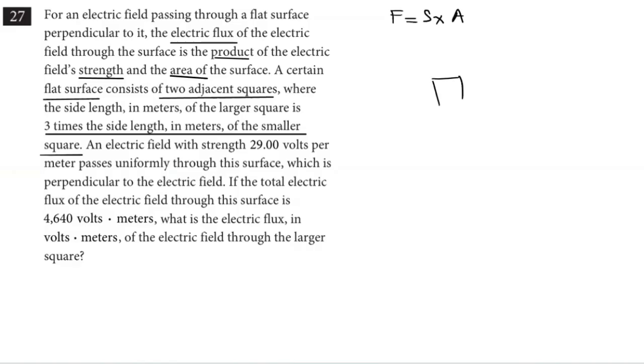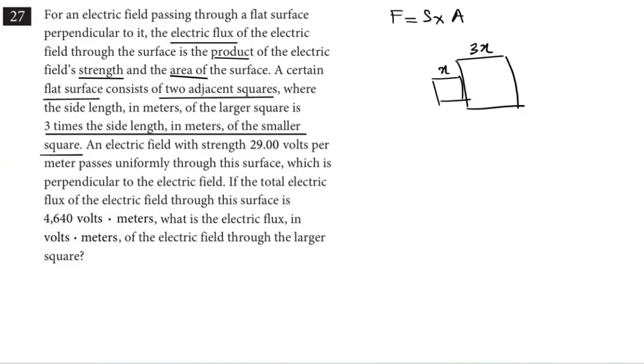So there is a smaller square and a larger square, and they're adjacent. If this side is x, that's going to be 3x. Another important thing you should take notes on is that every square is geometrically similar, mathematically similar, to the other square. So the similarity rules apply to these.